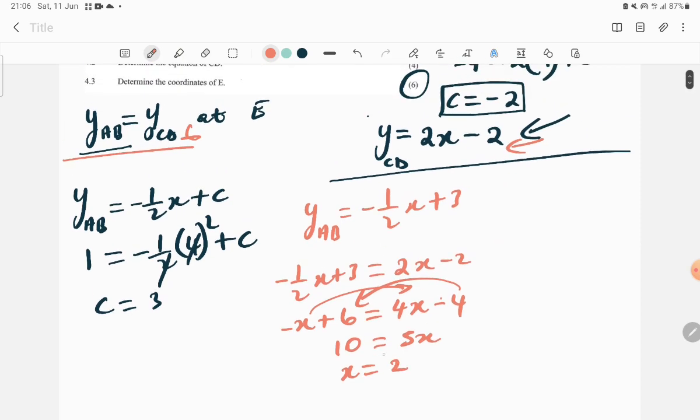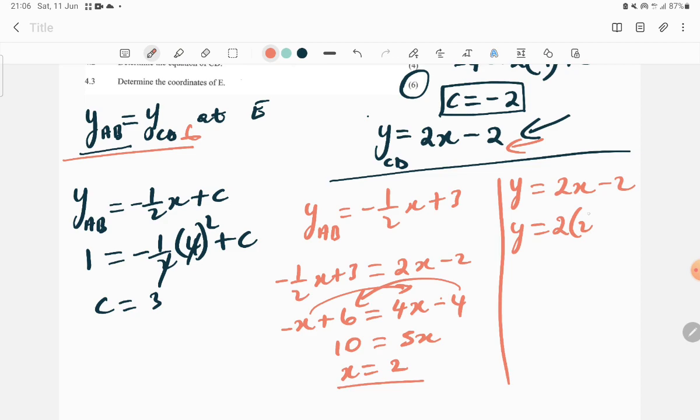Now, after having x equal to 2, we can take our y, which is equal to 2x minus 2, and substitute 2 in the place of x. Then, to find the y coordinate of E, it is also 2. Now the coordinates of E are x equals 2 and y equals 2.